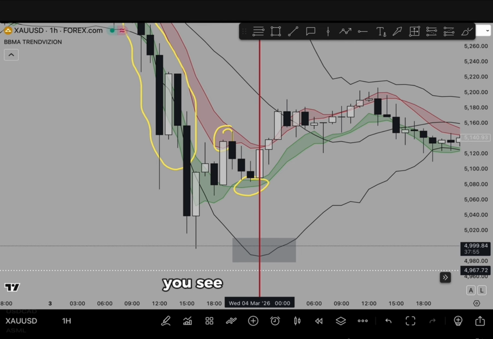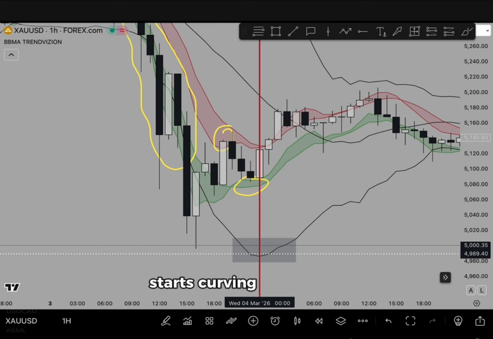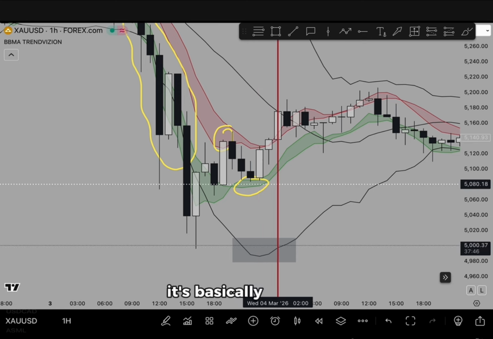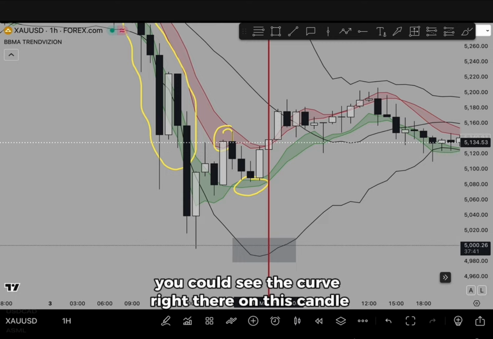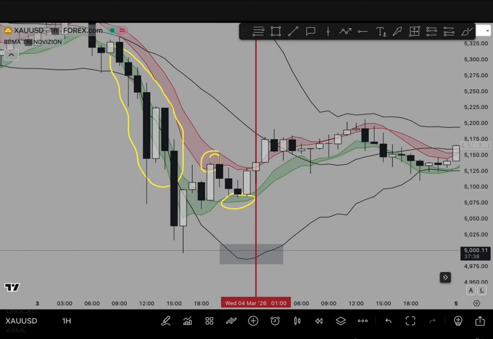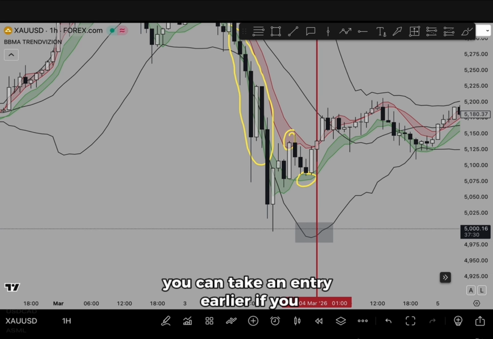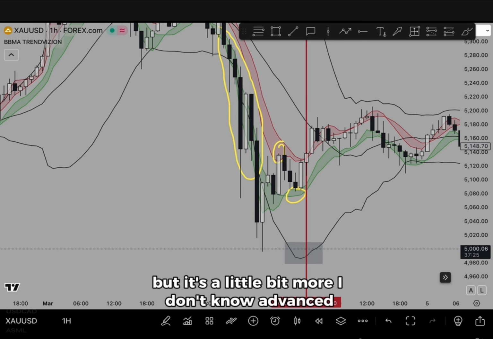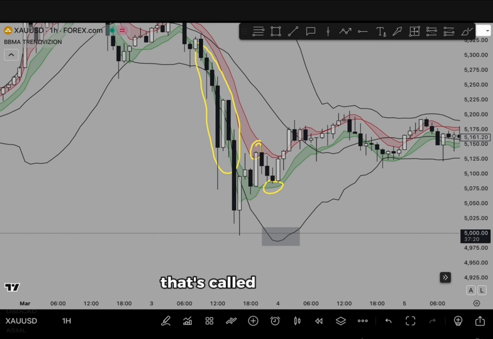On these two candles you see how the lower part here starts curving, and on the candle here it's basically fully flat, which means you could see the curve right there on this candle. You can take an entry earlier if you have other confirmations as well, but it's a little bit more advanced. So that's called MHV.